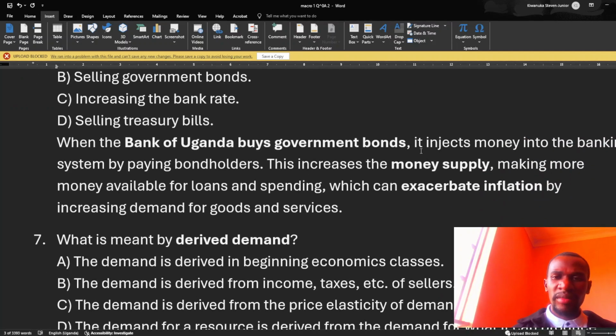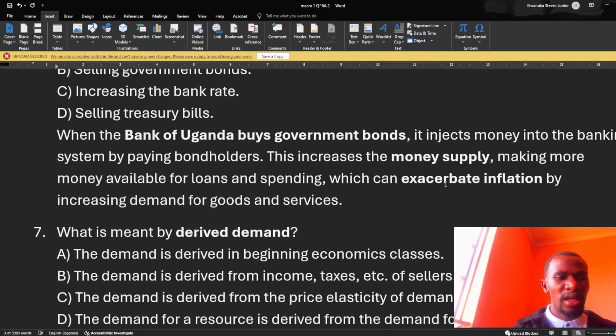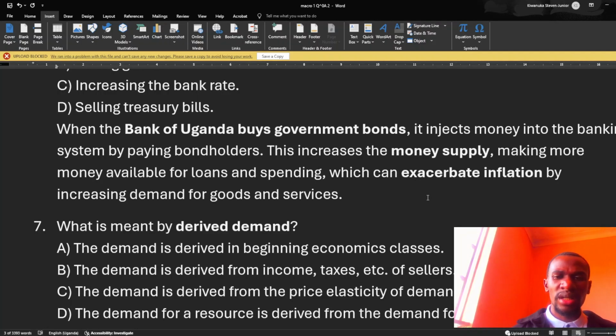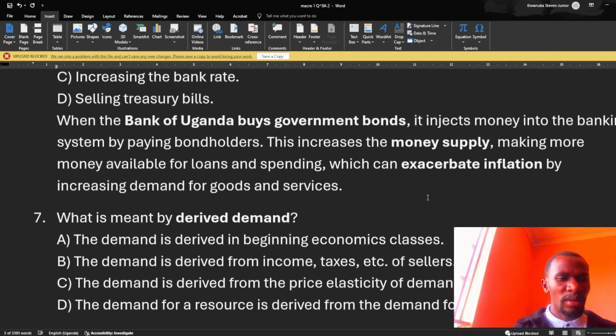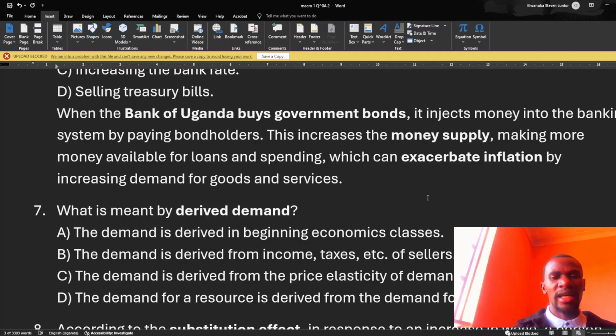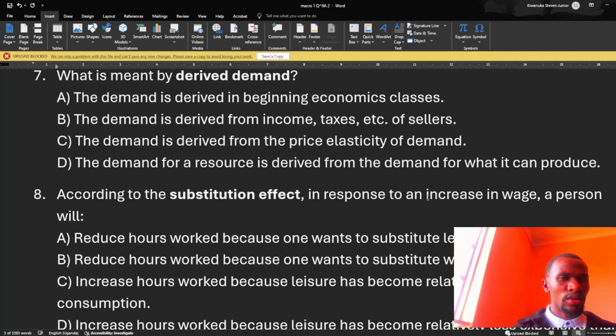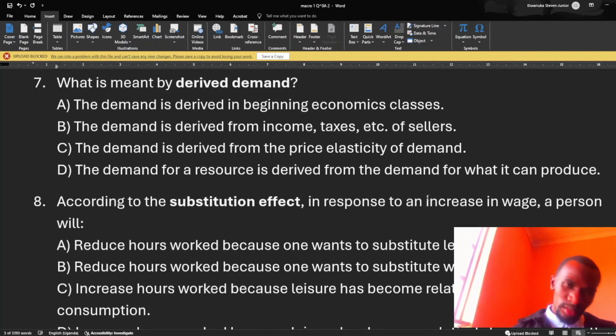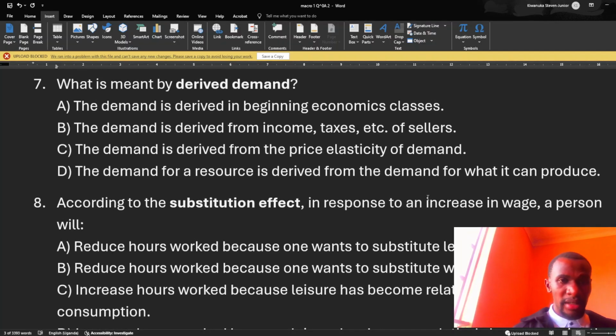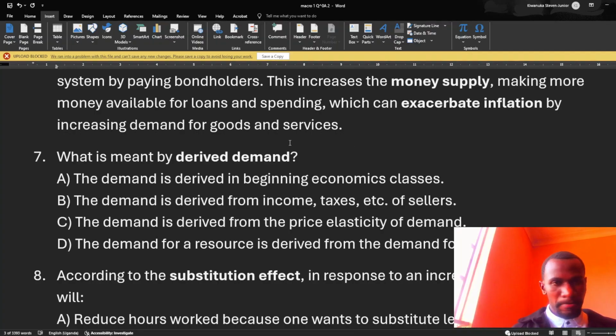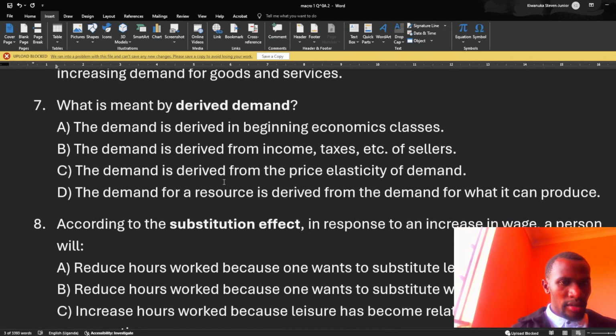When Bank of Uganda buys government bonds, it injects money into the banking system by paying bondholders. This increases money supply, making more money available for loans and spending, which exacerbates inflation by increasing demand for goods and services. So during inflation, reduce that money as a control measure.